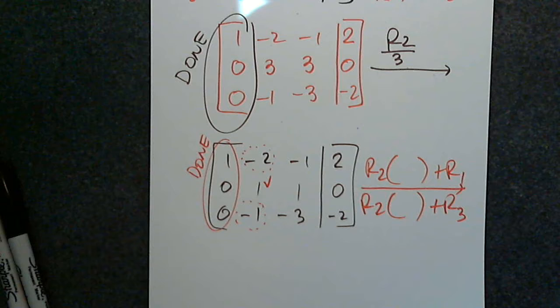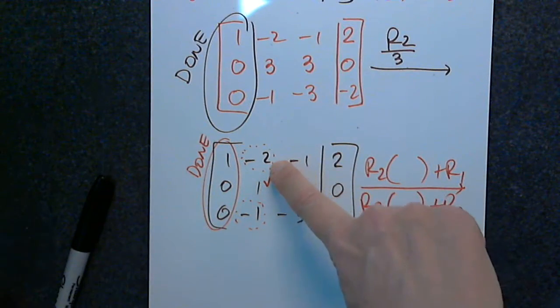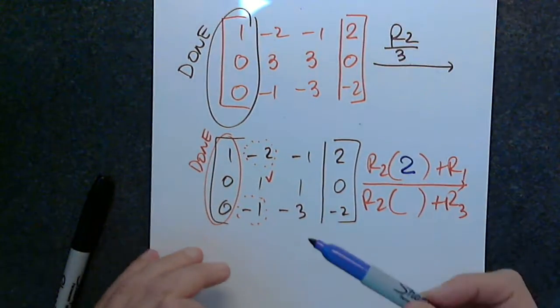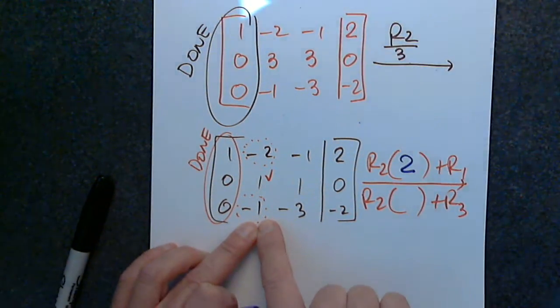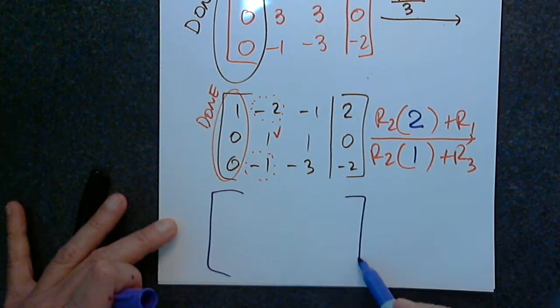But of course I have to multiply the entire row. I cannot just pick and choose just one number. So I multiply the second row by what to eliminate this? By 2. I multiply the second row by what to eliminate this? 1. Very good. Which row gets copied?